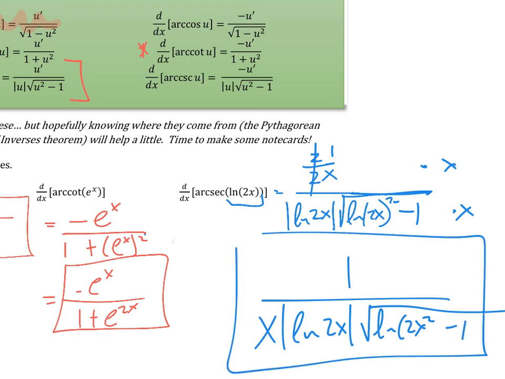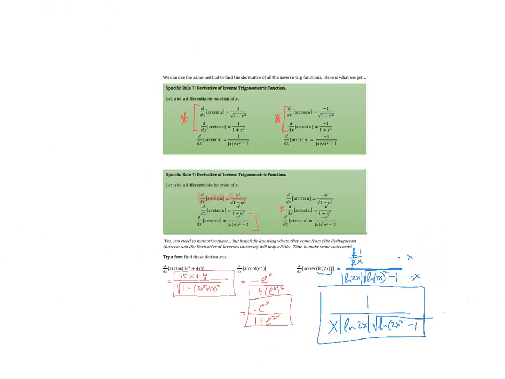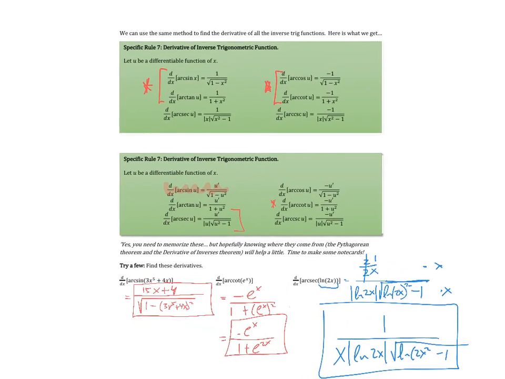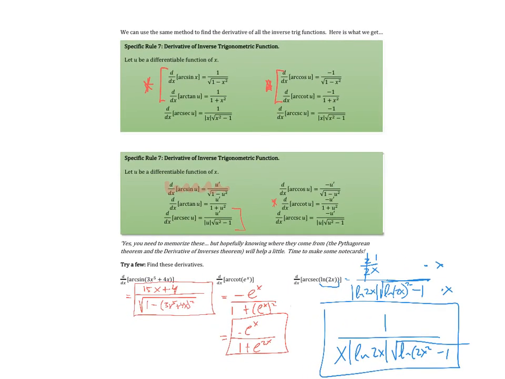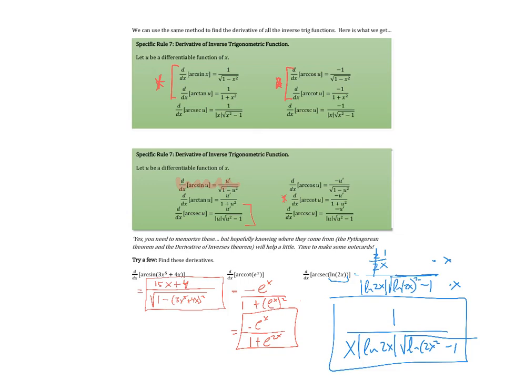There you have it. That's how it works. So there's our inverse trig functions. End of the day, we just got to memorize it, but hopefully that triangle helps it make a little sense and gives you a little bit of something to anchor it to there.